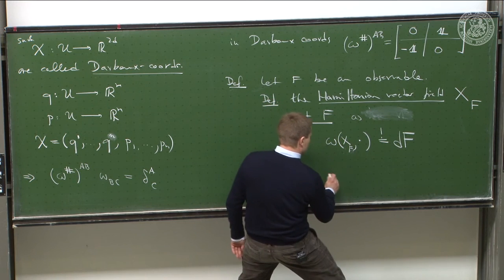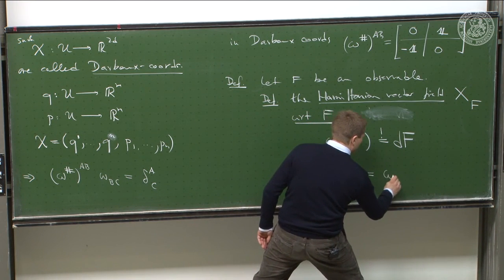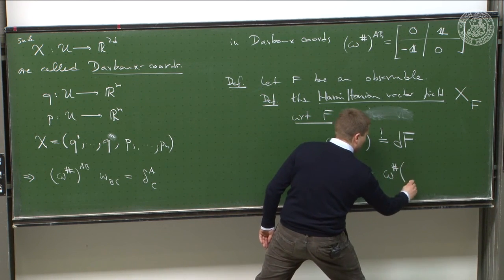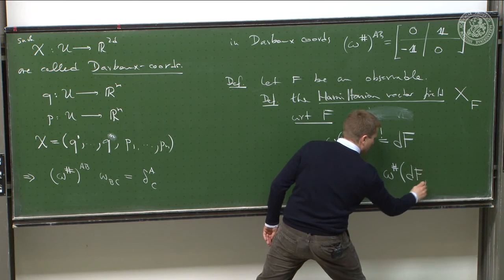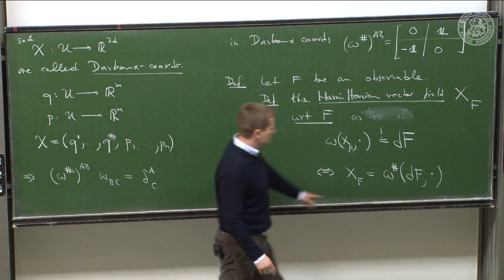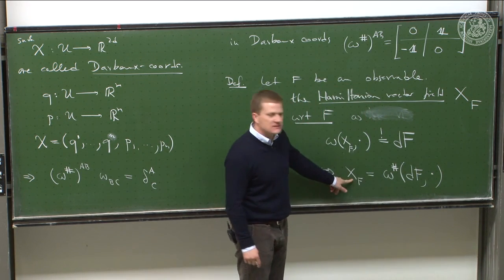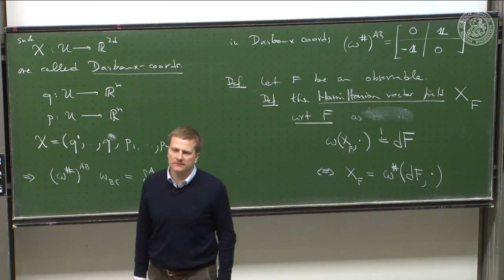Well, we can of course write it equivalently. This is X_F equals omega sharp, which can eat 1-forms. And so this is in the dual of the dual, this is in the vector space again. Okay?